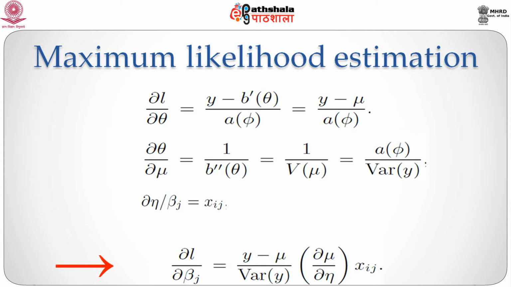Del eta del beta j is of course x i j, the value of the corresponding covariate. Putting all this together, the form of the score function is given by del L del beta j equal to (y minus mu) over variance of y, del mu del eta into x i j.